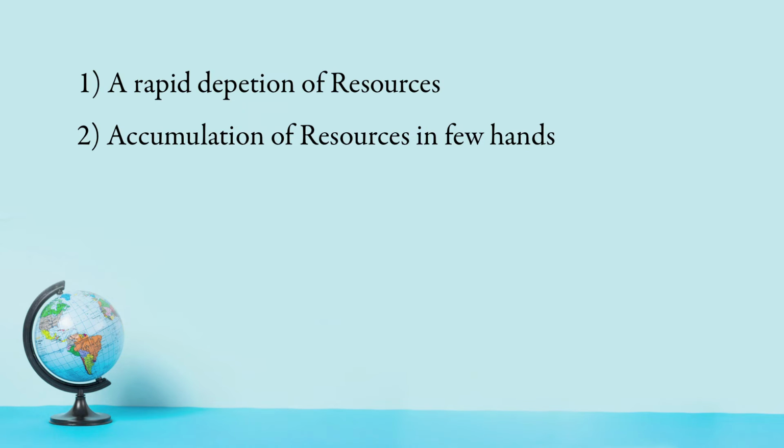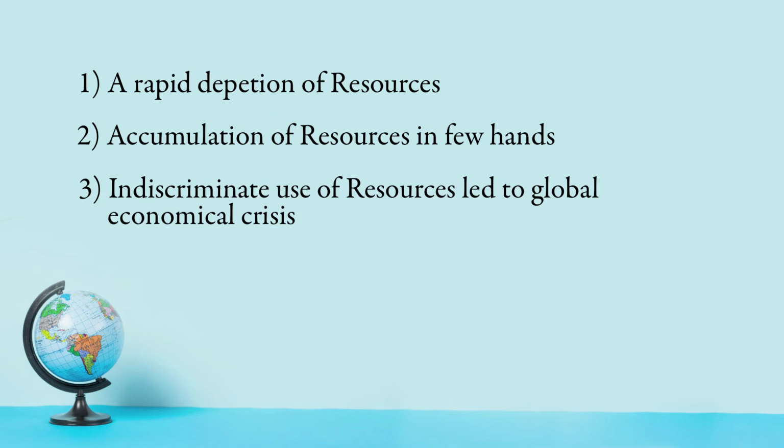Thus, society is segmented into the haves, the rich, and the have-nots, the poor. Thirdly, indiscriminate use of resources has led to global ecological crisis such as global warming. Think why ozone layer depletion, environmental pollution, and the land degradation have become major issues of global concern.